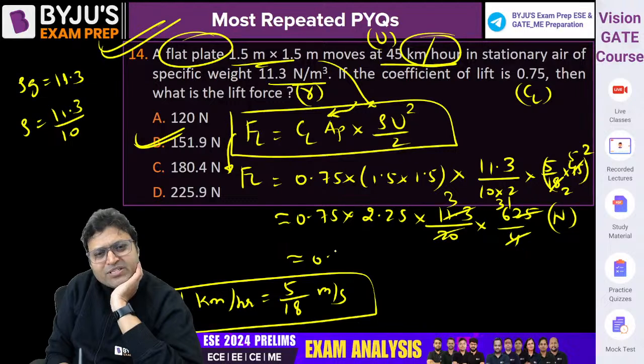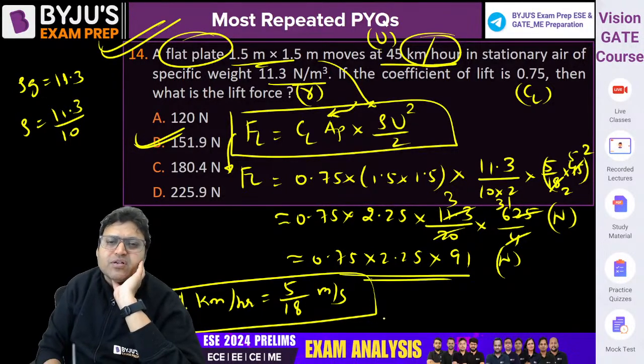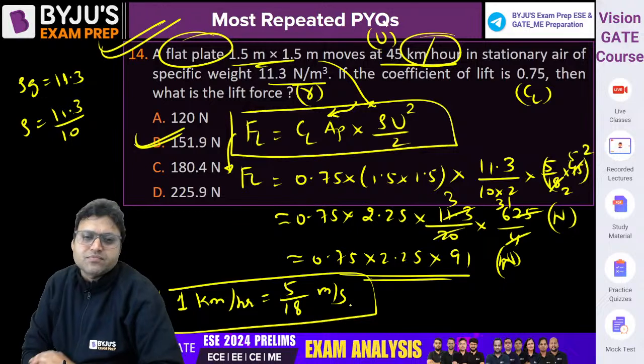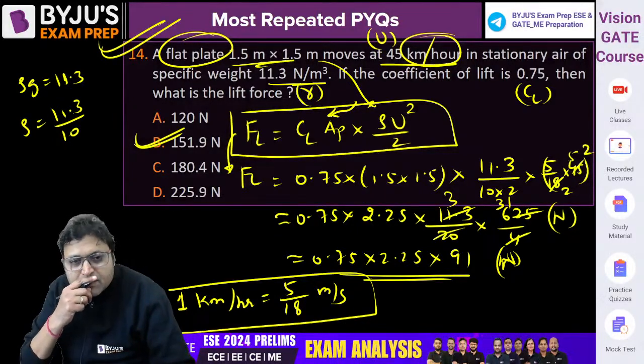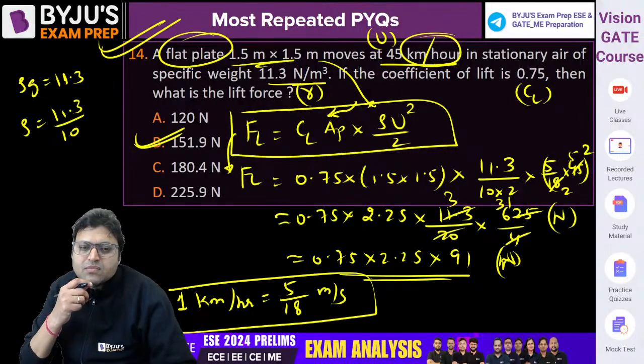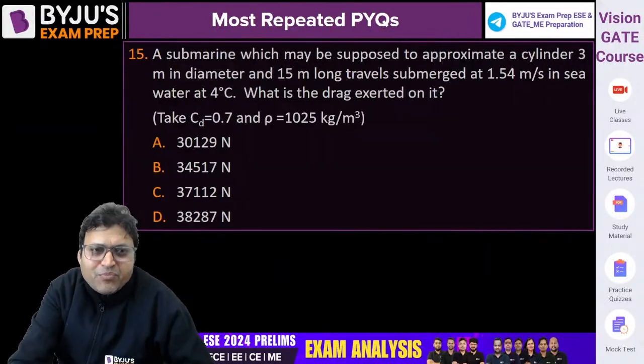So it will be around 0.75 into 2.25 into 31 into 3, which is about 91 Newton. So your answer will be near to 151.9.